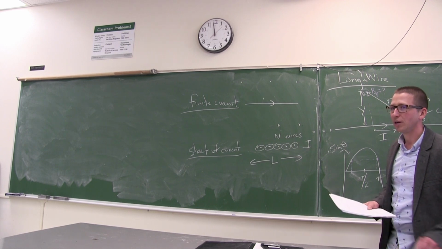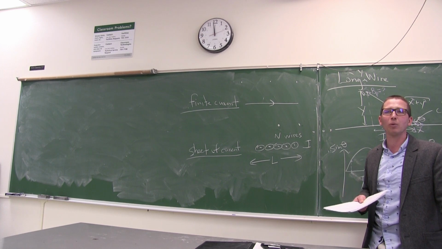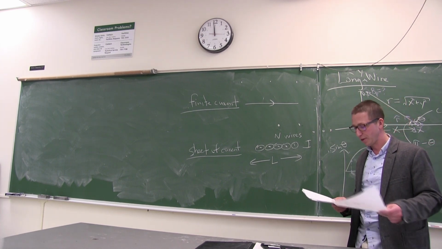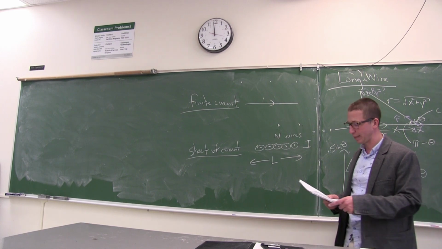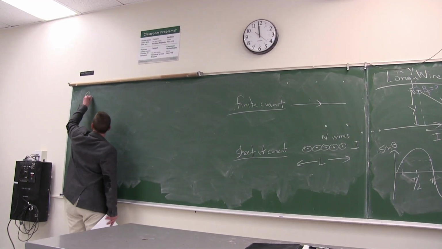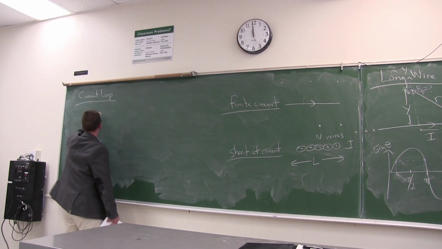I'll do an example of this next class, but let me show you one other possible example. What other examples could you have? Well, the Biot-Savart Law is really how you find the magnetic field due to a loop of current of radius r.